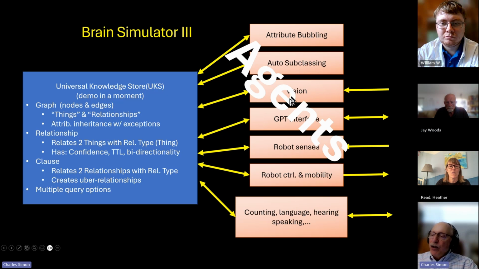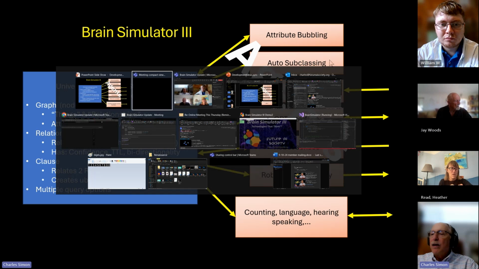I'm also working on vision, and one of the things that I expect to have running in the next month or two is the MNIST database of handwritten digits, so that we can check that out and see how well it works. That's all I want to say about that until we get to the software.